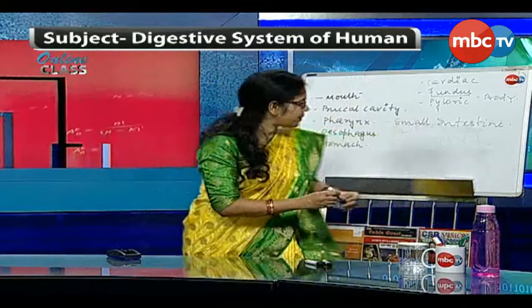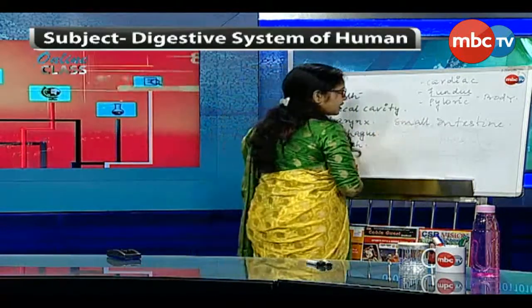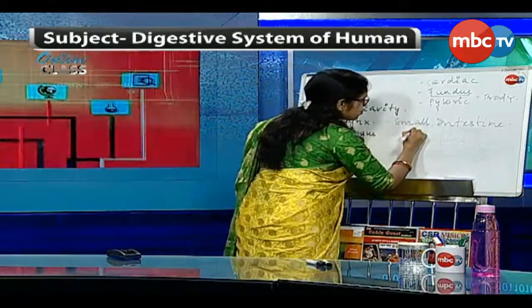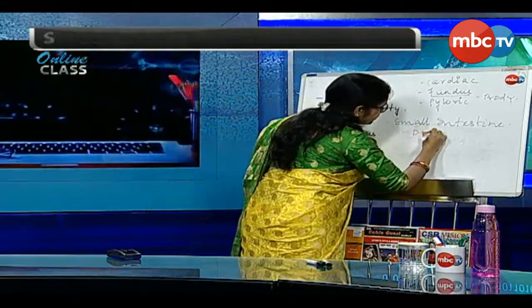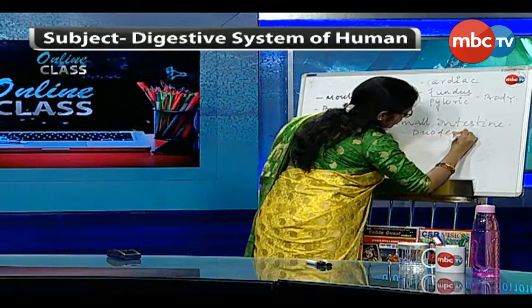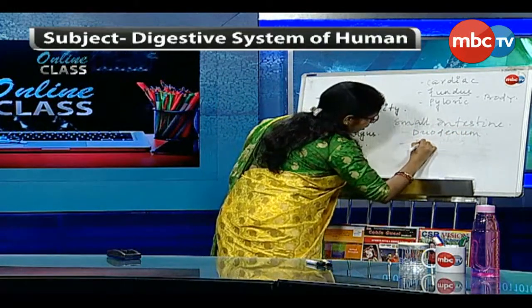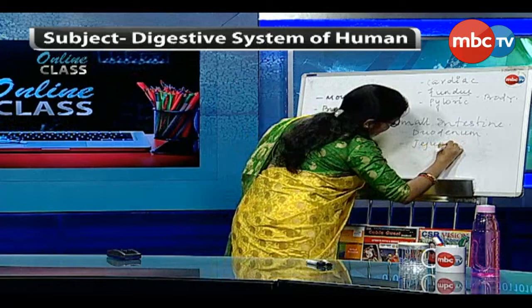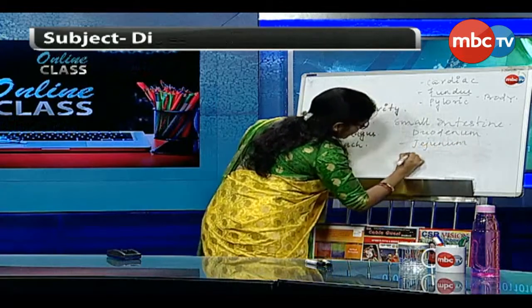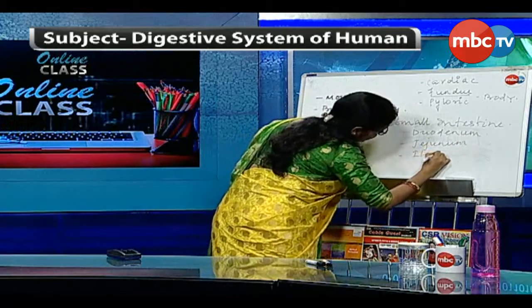So, what are the 3 different parts which are present within the small intestine? First one is duodenum, second one is jejunum, and third one is ileum.